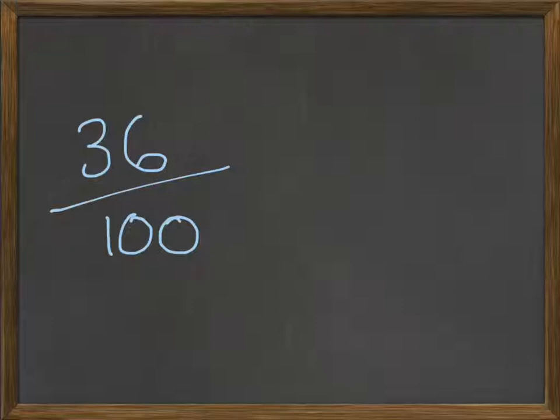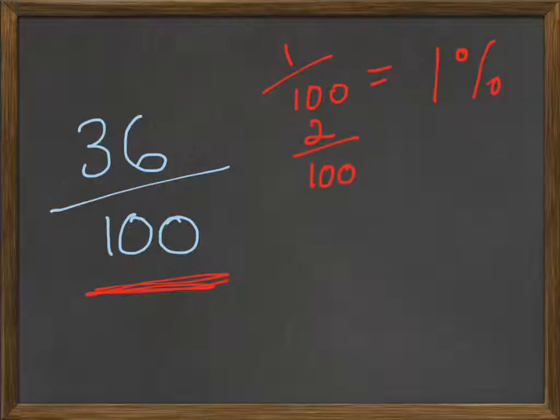Because a percentage is a hundredth. So 1% is 1/100th, and percentages are hundredths. So if you think of a percentage as a fraction, so 36/100ths, well, if 1/100th equals 1%, 2/100ths would equal 2%.